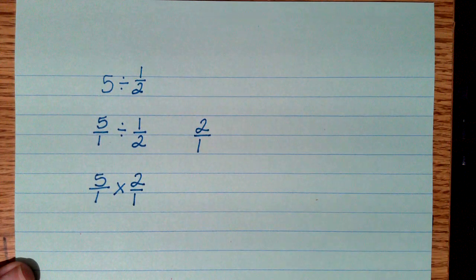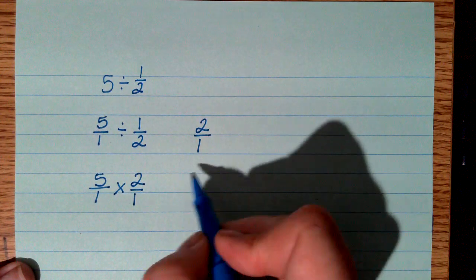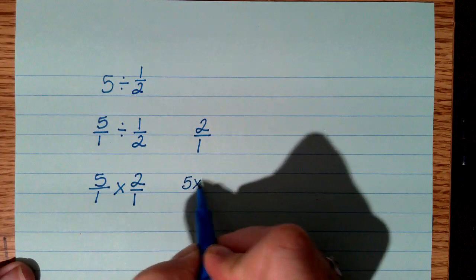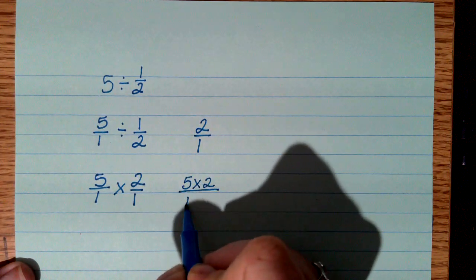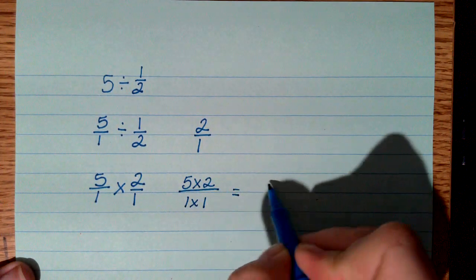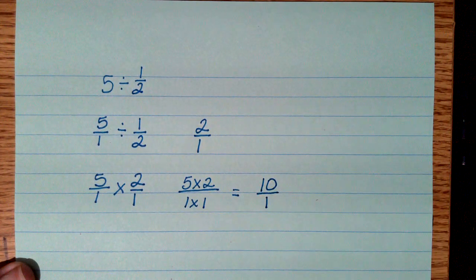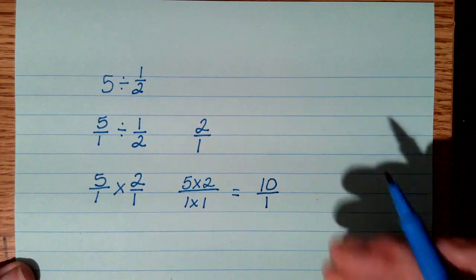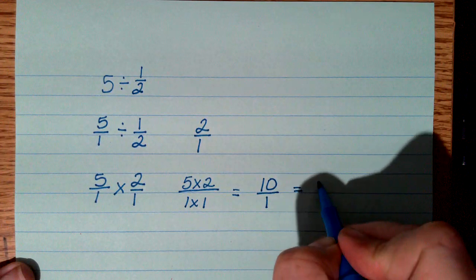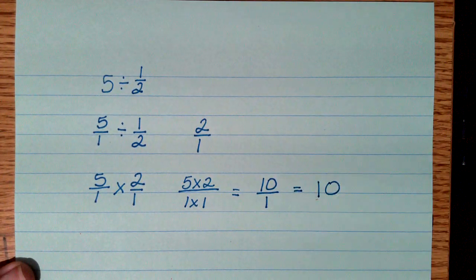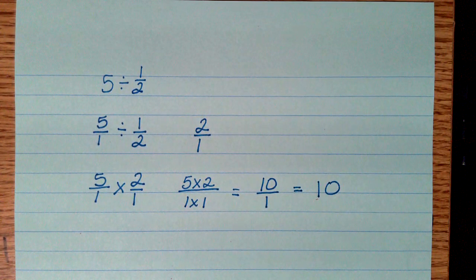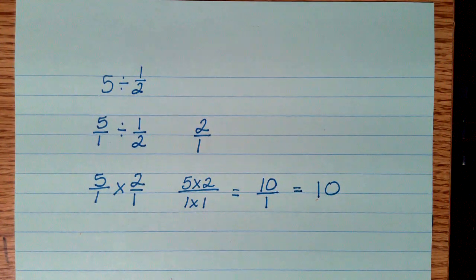Now we multiply 5 times 2 over 1 times 1, which equals 10 over 1, which equals 10. So 5 divided by 1/2 is 10.